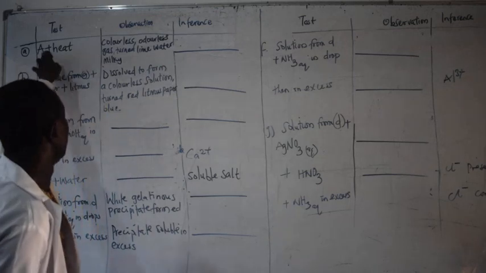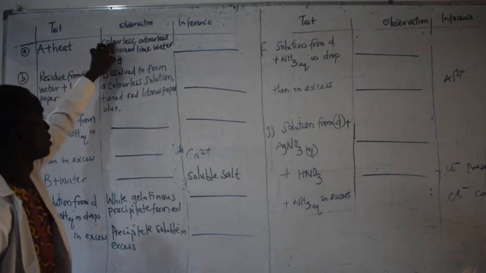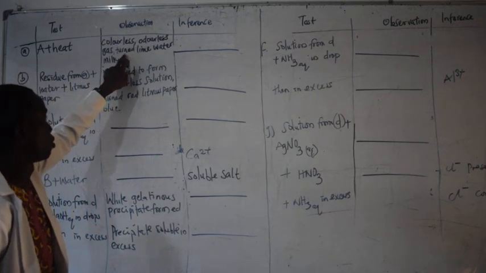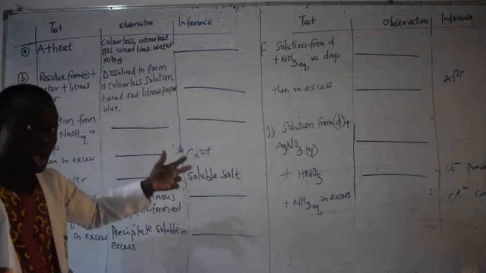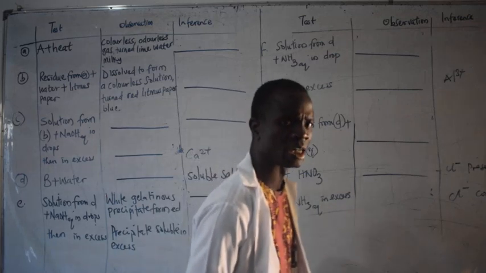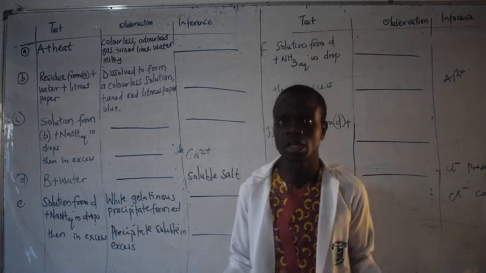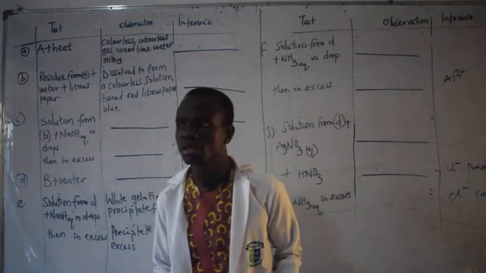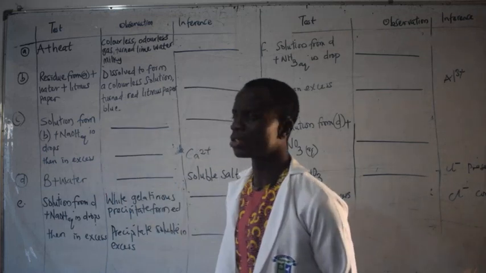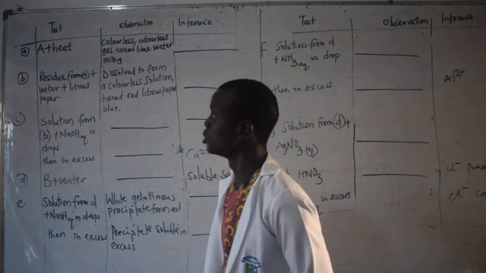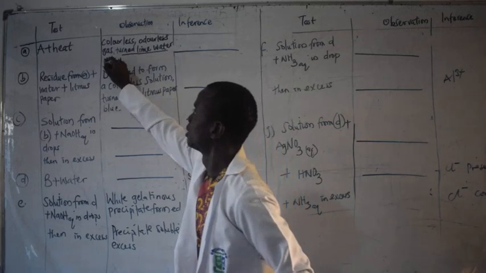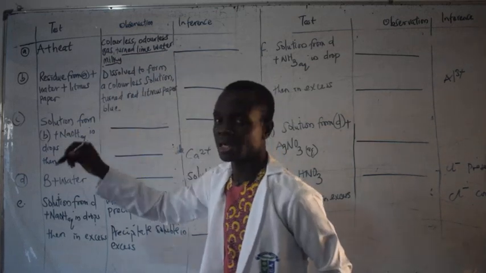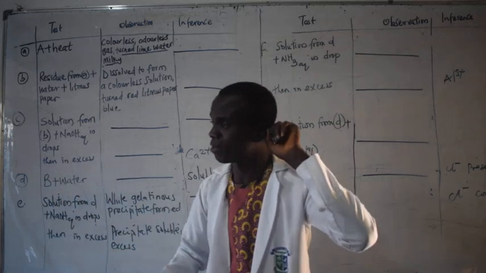So we said A plus it gives a colorless, odorless gas that turned lime water milky. When you hear colorless and odorless gas, sometimes what comes to our mind is maybe oxygen. Is it oxygen? Oxygen is colorless and odorless. But when you hear turned lime water milky, that's a characteristic different from that of oxygen.